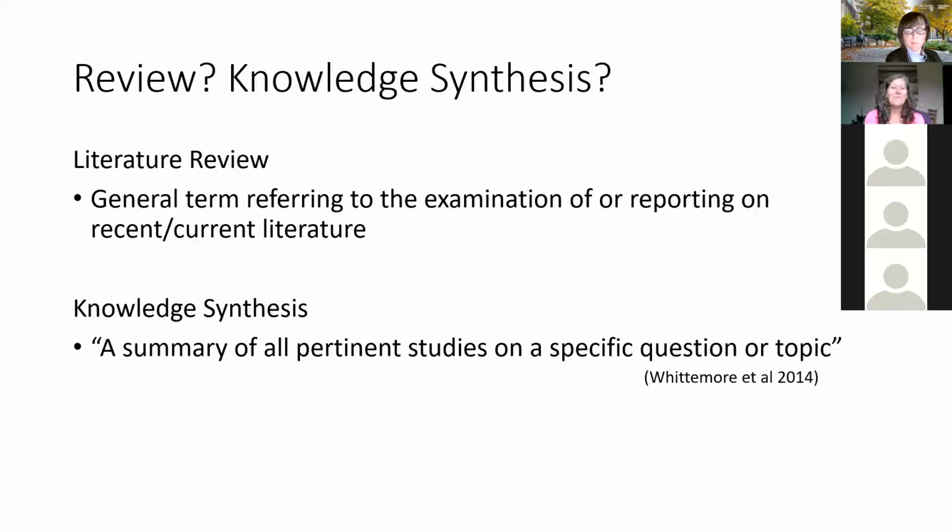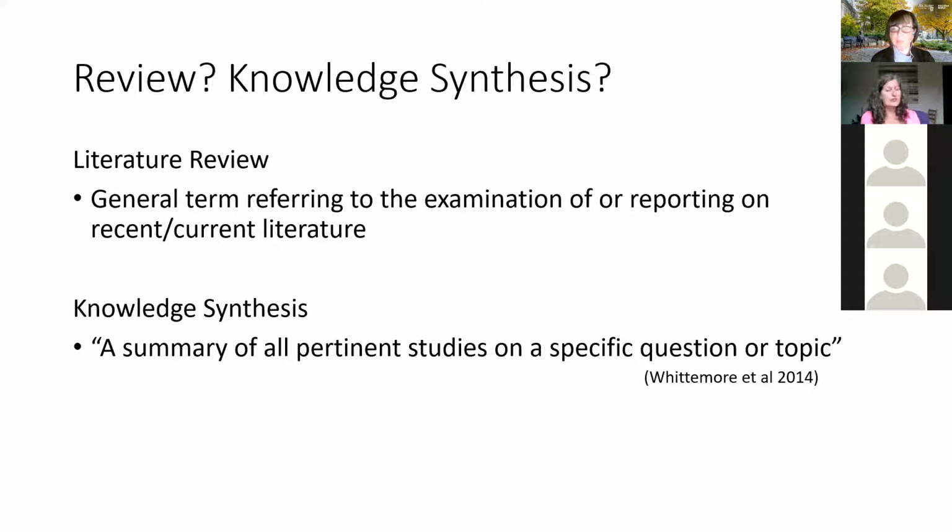There's a lot of use of the term systematic review, whether that is the best definition for what you're looking for or not. Sometimes it just depends on what you're looking for. Knowledge synthesis is really the better way of explaining what the systematic review would fall under, which is a summary of all the pertinent studies on that question or topic.